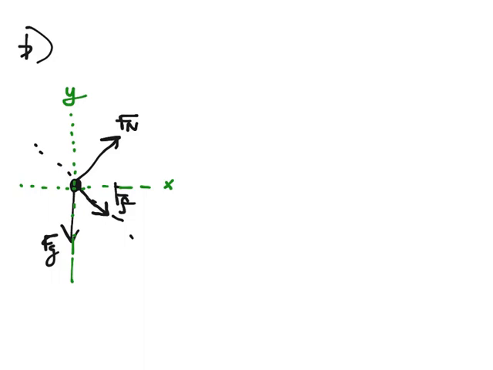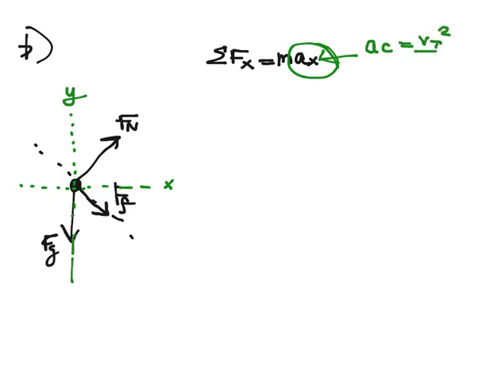We also know that we want to know the speed. To find out the speed, we can use our x direction. Sigma Fx equals m ax. Since this thing is going around in a circle, ax is actually centripetal acceleration, ac, which is equal to vt squared divided by r.